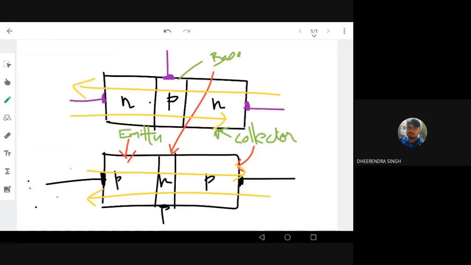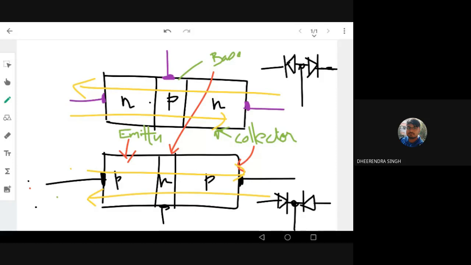For example, this is P and N, like a diode, and again an N and P. There are three connections. Similarly for NPN, it will be N and P, another diode P and N.